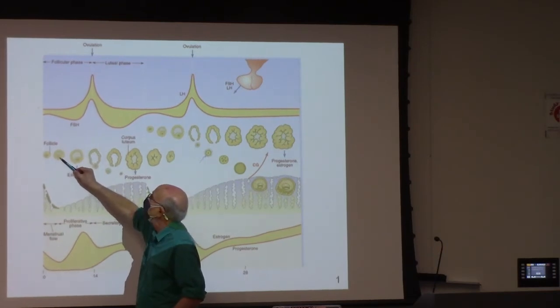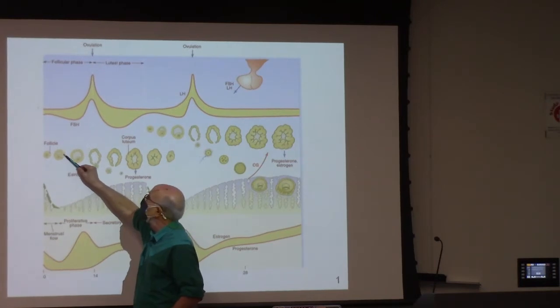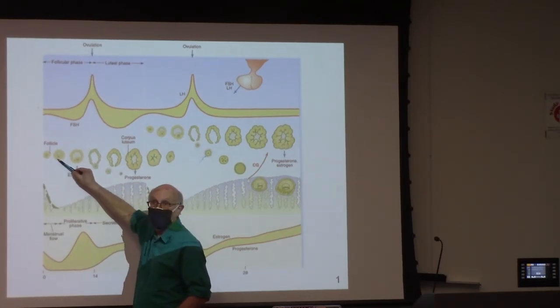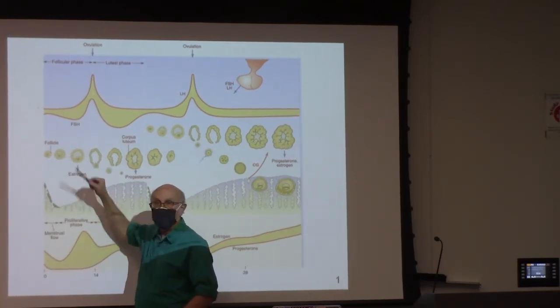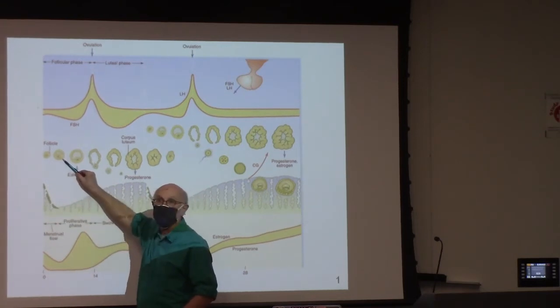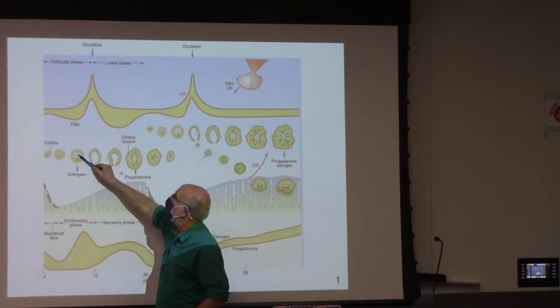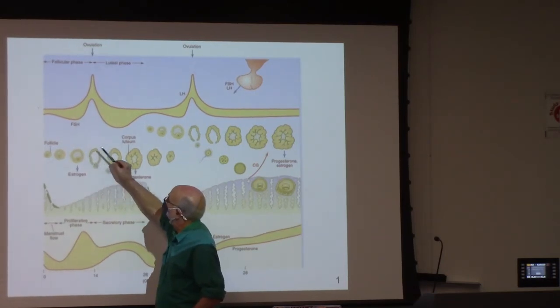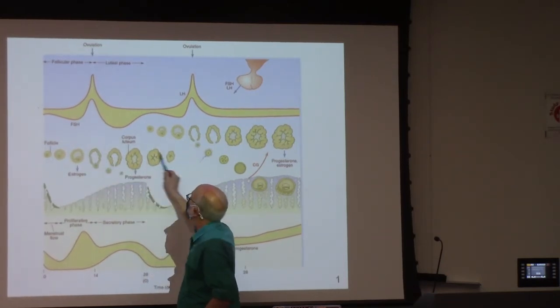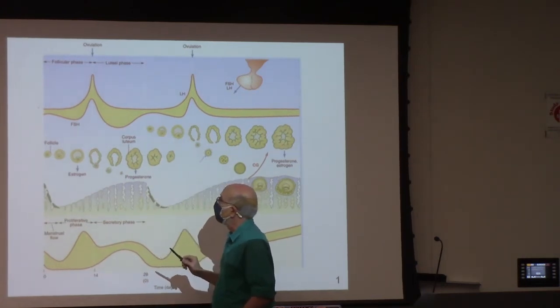Antrum, oocyte, zona pellucida, granulosa cells, theca cells on the outside. You could embellish this figure with detail. Here's a mature follicle with the antrum that is rich in estrogens. Oocyte. And then ovulation and development of the corpus luteum.